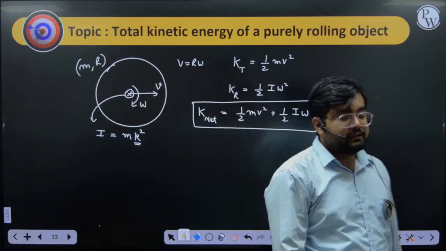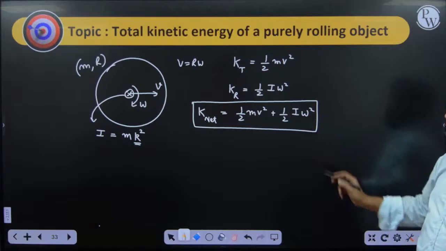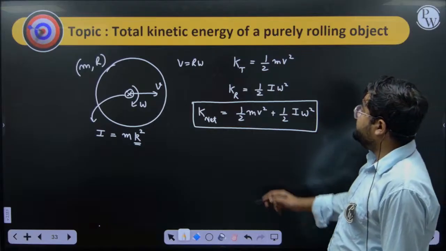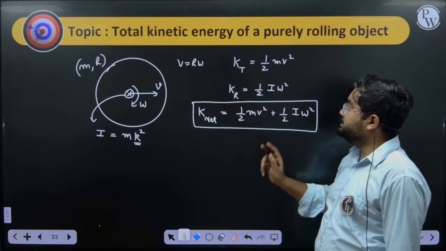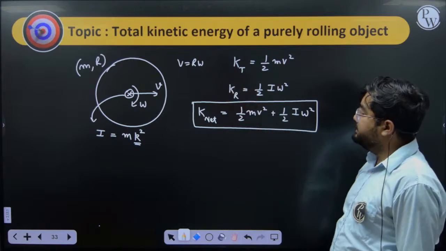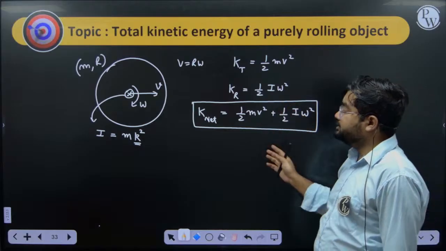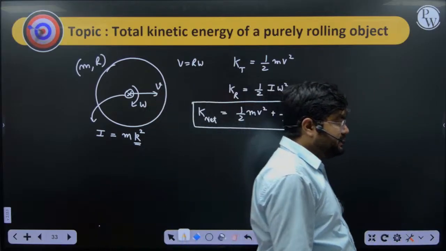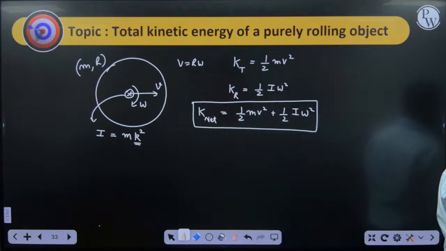So this value mk square can be substituted here. Also, v equal to r omega can also be substituted here. In this manner, we can reduce this formula further if we like. But no need to memorize that. That should be done in practice alone.